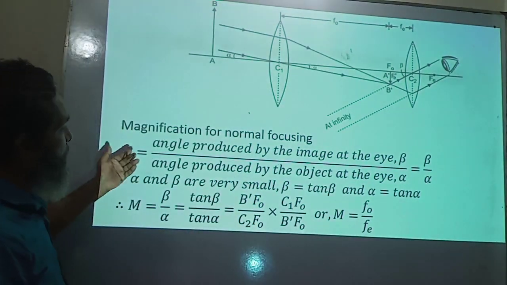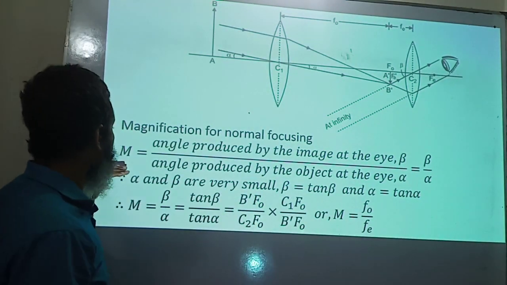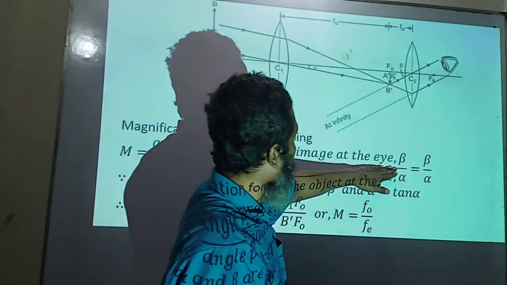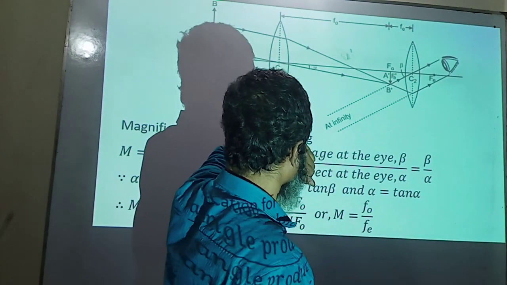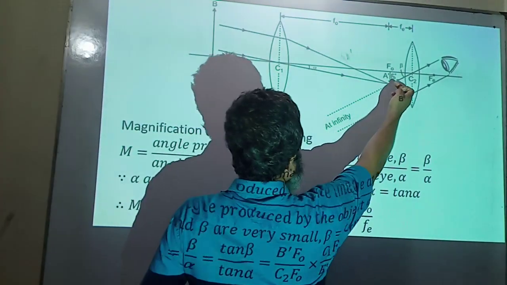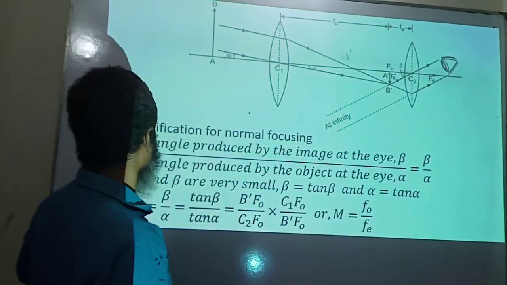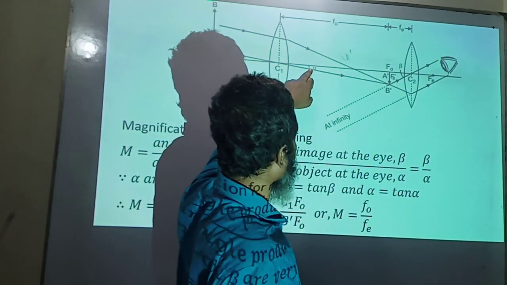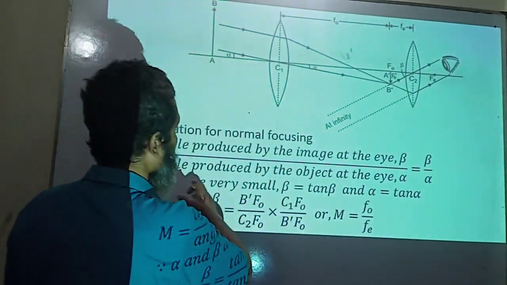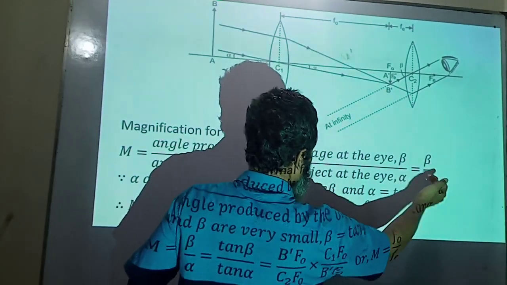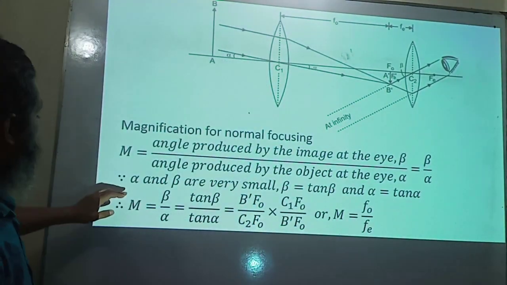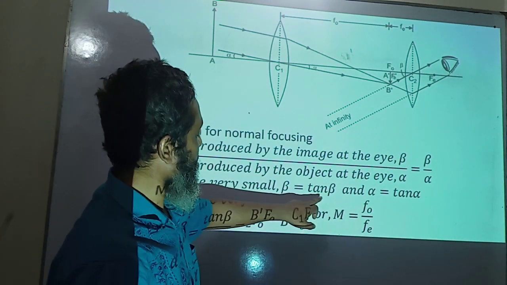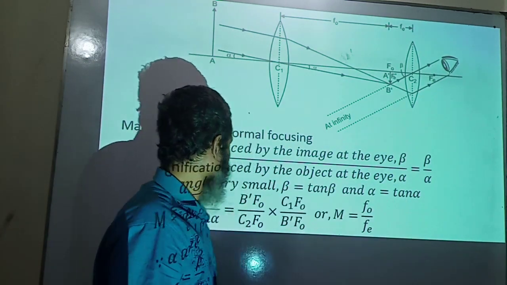In this case, magnification for normal focusing, m is equal to the angle produced by the image at the eye, that is beta, and the angle produced by the object at the eye, that is alpha. So m is beta by alpha. Since beta and alpha are very small angles, we can write beta is equal to tan beta and alpha is equal to tan alpha.